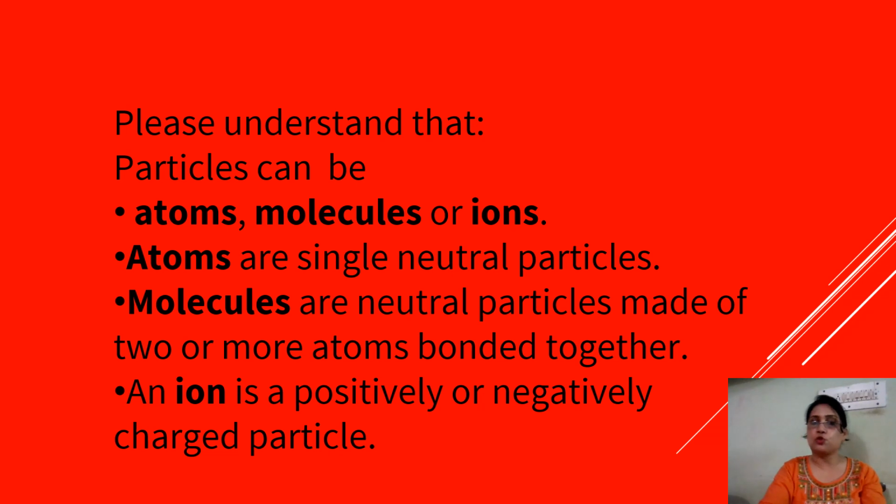Similarly, molecules too are neutral particles made of two or more atoms bonded together. An ion is a positively or negatively charged particle that you have studied in forming formulas, like sodium Na plus, like this, ammonium NH4 plus. Okay.